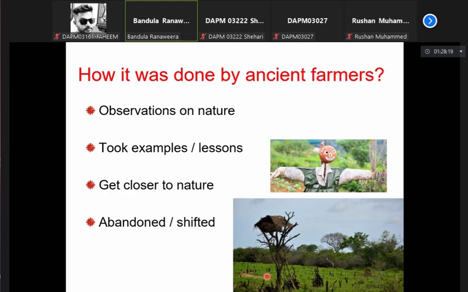So that was about the understanding of pest problems, how the pests increased their numbers from a lower number as primary consumers in the natural ecosystem to a higher number in the agro ecosystem.